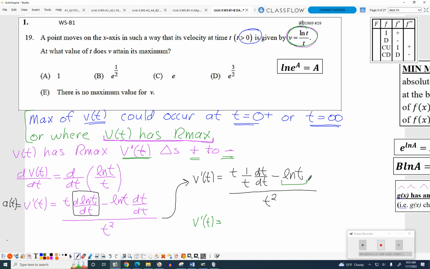And so it's not accessible, it's not a factor. So what would you write? So just 1 minus ln t over t squared. 2 points, nicely done.